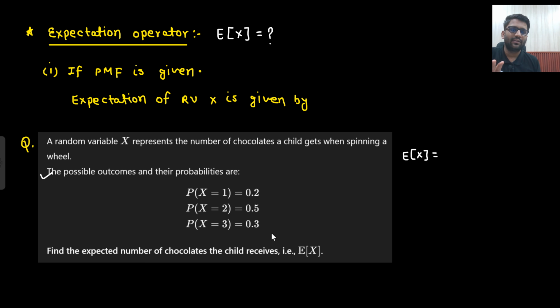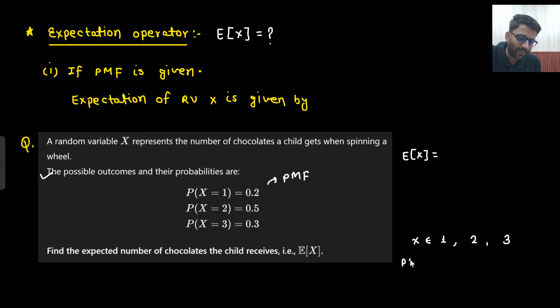How would you find the expectation of x if the PMF is given? What value can this random variable take? The random variable can take values 1, 2 and 3.